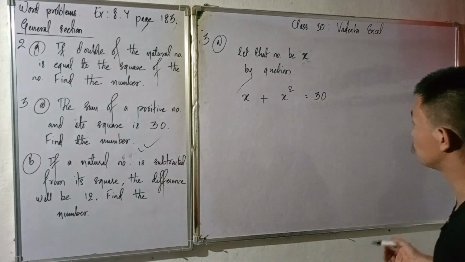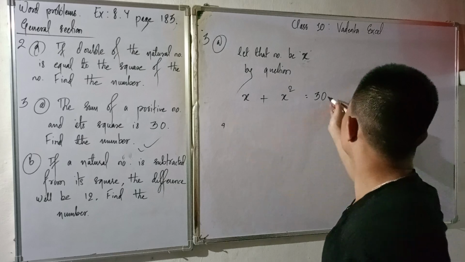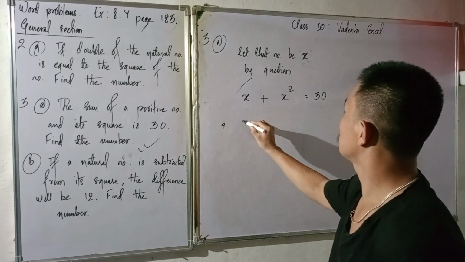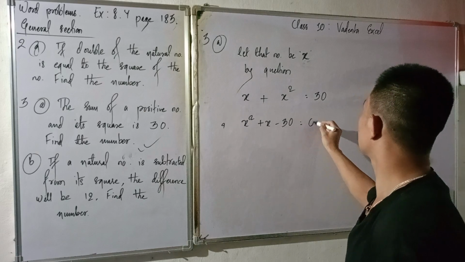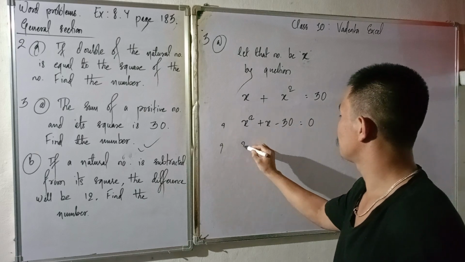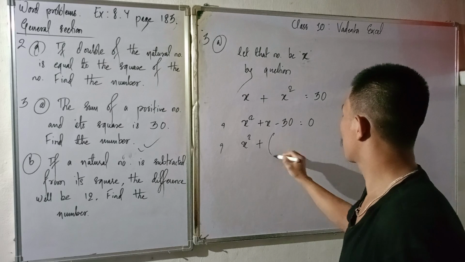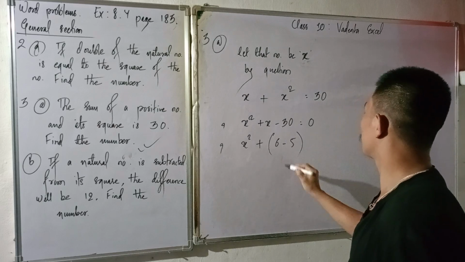Now you move this 30 to the other side and arrange it: x squared plus x minus 30 equals 0. Now you make this 30 as 6 times 5, and 6 minus 5 gives you 1.